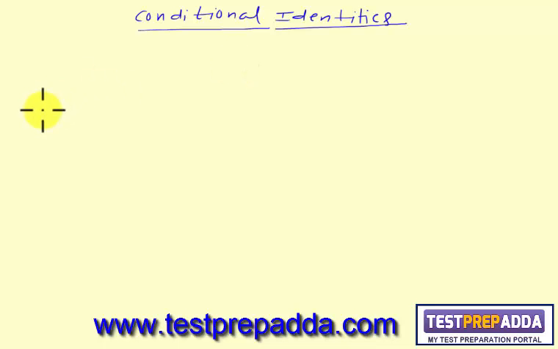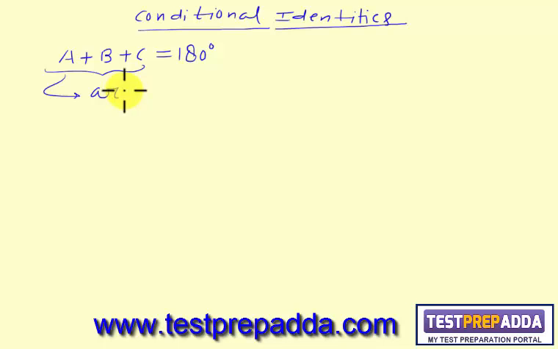Consider three angles in such a manner that A plus B plus C is equal to 180 degree. If A plus B plus C is equal to 180 degree, it means these three angles are actually angles of a triangle.